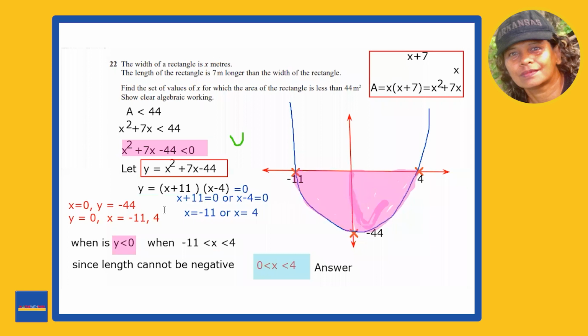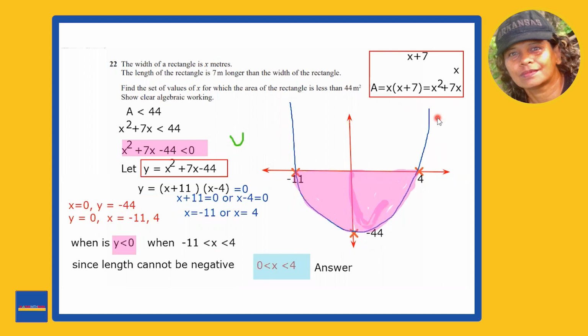So now I have the points here: when x is 0, y is minus 44. When y is 0, x is minus 11 or 4. And I know the shape of the graph is U-shaped, so I sketch the graph.